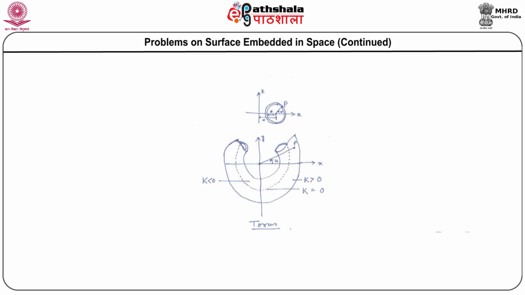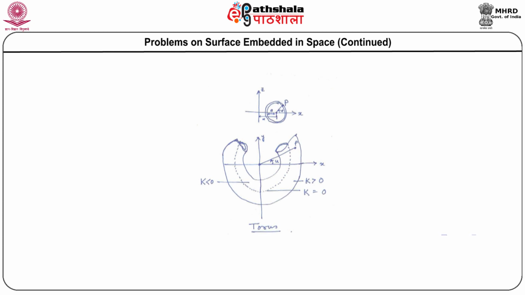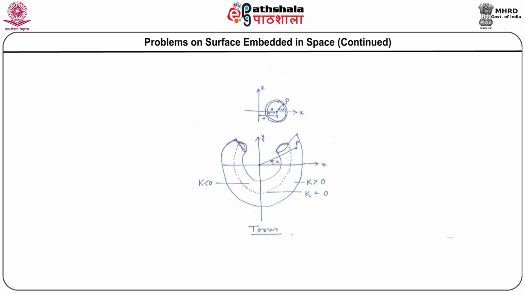We get in the figure that the Gaussian curvature K has different form on this torus. The Gaussian curvature is greater than 0 at the outside portion. Along the dotted line, the Gaussian curvature is equal to 0.